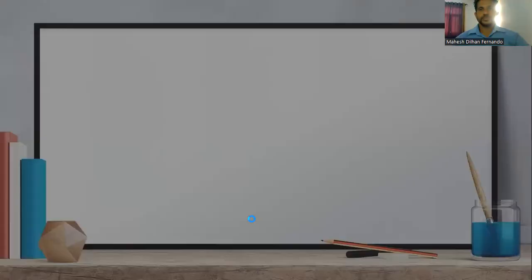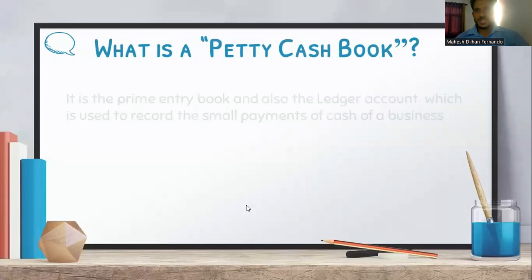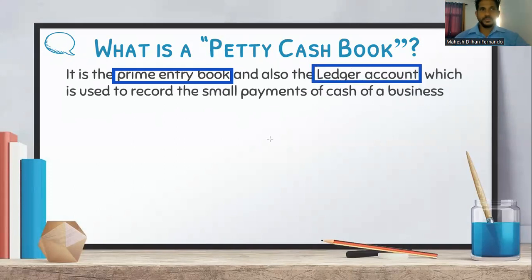Today, what is a petty cash book? It is a prime entry book and also the ledger account. Highlight this. It is a prime entry book and also the ledger account, which is used to record the small payments of cash.